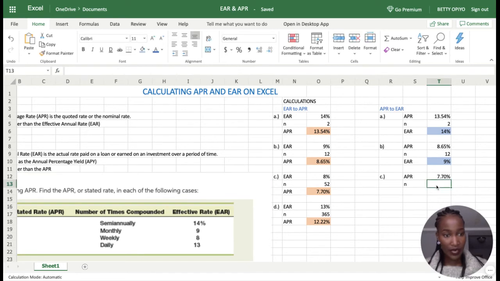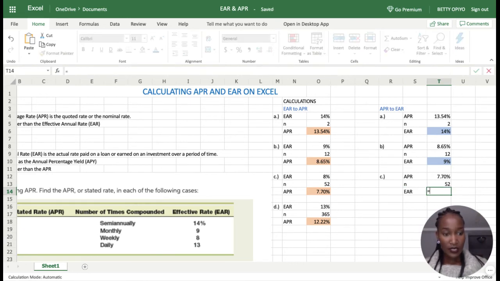And then we are looking for EAR, which is the effective annual rate. Equal sign, and then effective. Then you double click on the function because it shows up as effect, and then nominal 7.70, comma.